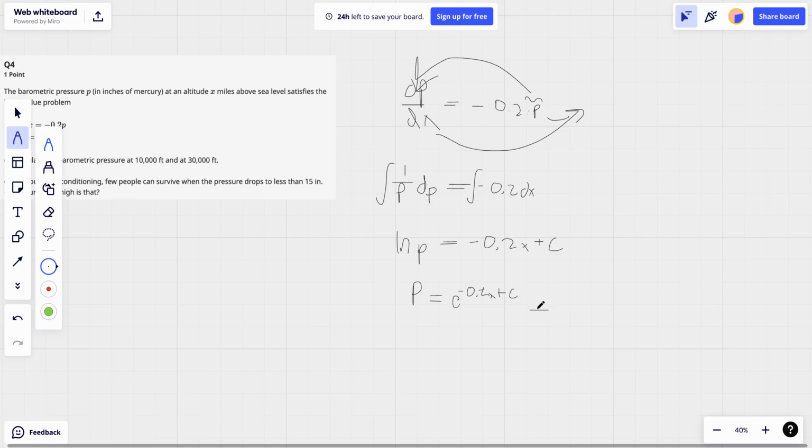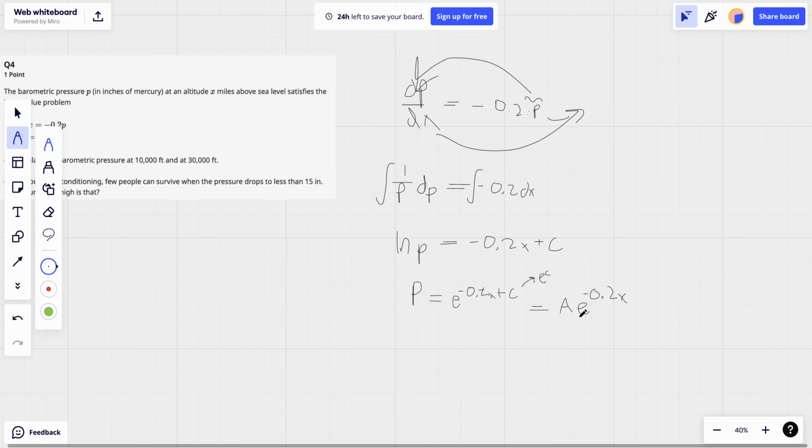And that's also equal to, if you remove the c from the exponent and put it into an e to the c form, because you can multiply e to the c by e to the negative 0.2x to get this, it will also equal A e to the negative 0.2x, where A is equal to e to the c, and it's also just a constant.